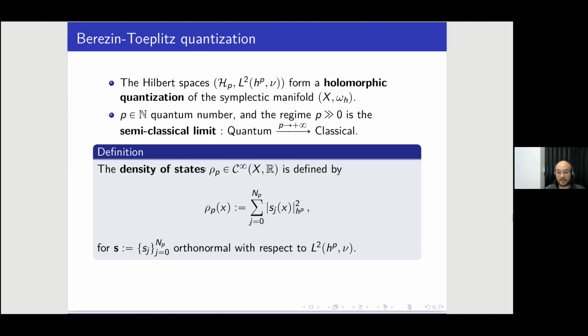It's called the density of states, but in the literature it is also the Berman kernel restricted to the diagonal. Here we see it as a density of states, and it's straightforward from the definition that the dimension of HP is simply the integration of this density of states against d nu. So it's really a local replacement for the dimension of the holomorphic sections, if you wish. That's how you should think of density of states.